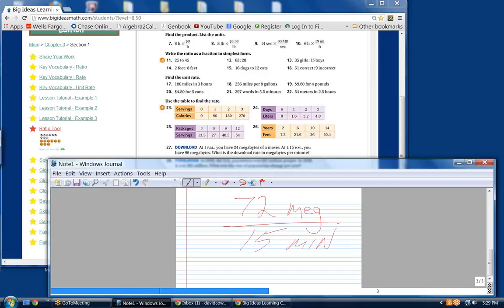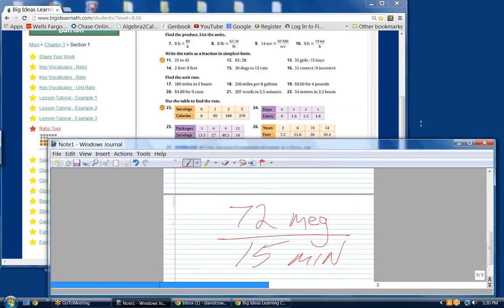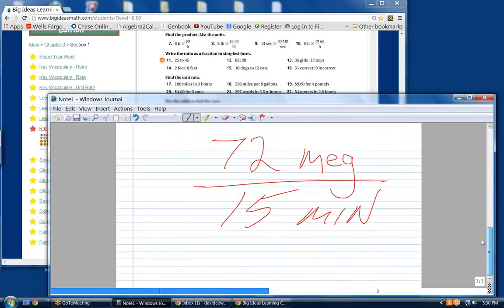And those are both divisible by 3. Okay, let's stop for a moment. She wants megabytes per minute, which means we have to end up with 1 minute in the bottom. Oh! Doesn't matter if they're both divisible by 3. That would give us some number of megs per 5 minutes, which isn't going to help.